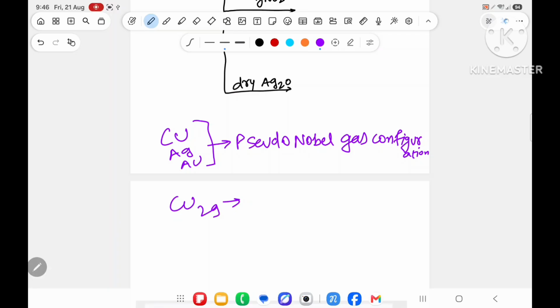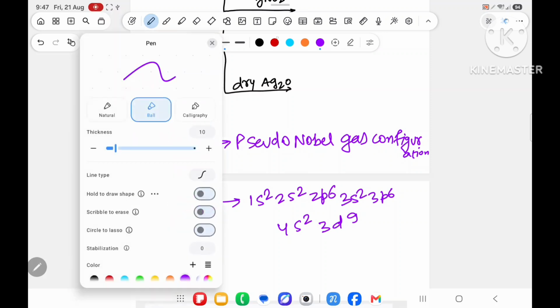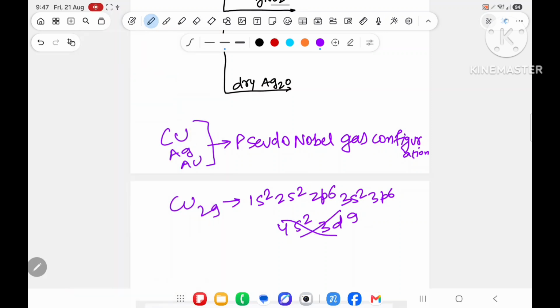I have already explained this in the basic concepts of chemistry topic. 1s2, 2s2, 2p6, 3s2, 3p6, 4s2, 3d9. But we say that this is wrong. We have to write 4s1, 3d10, and this is known as pseudo noble gas configuration.